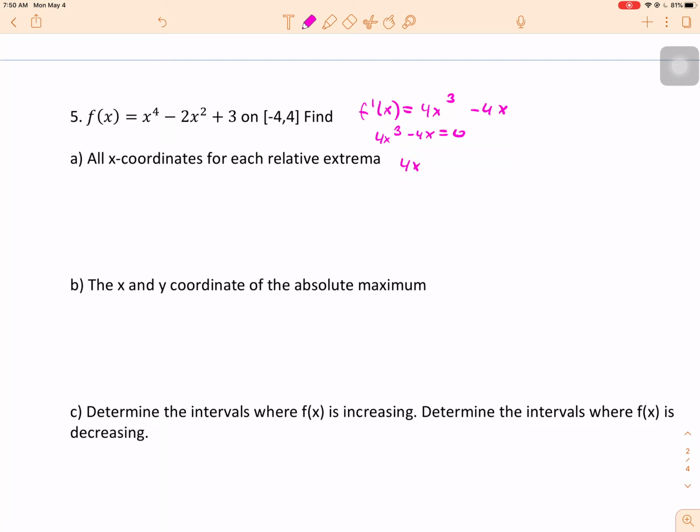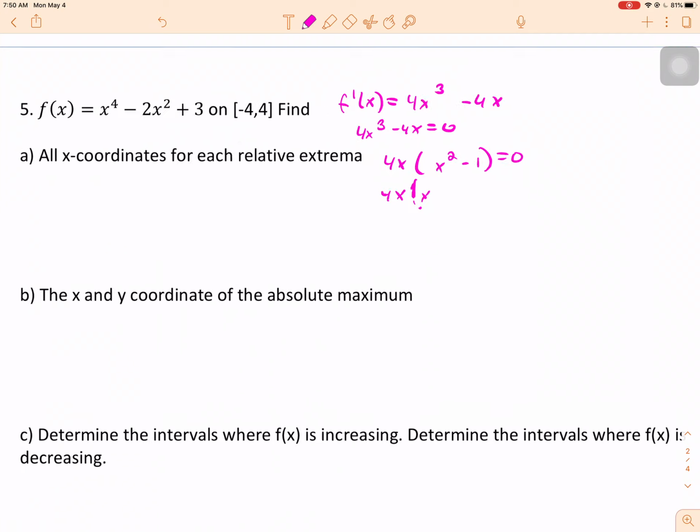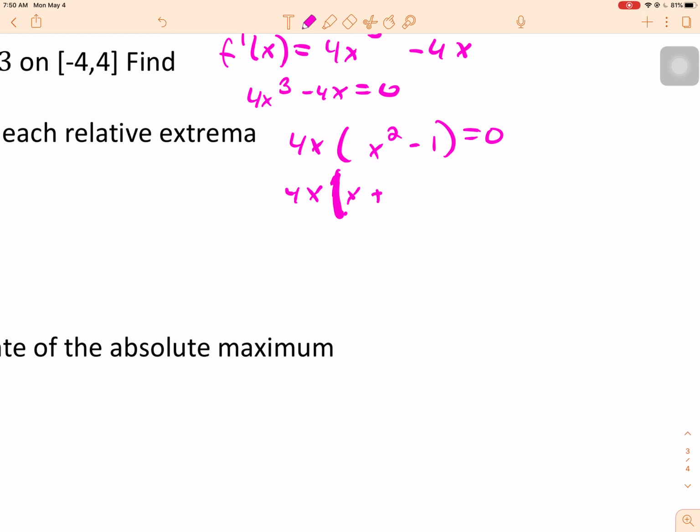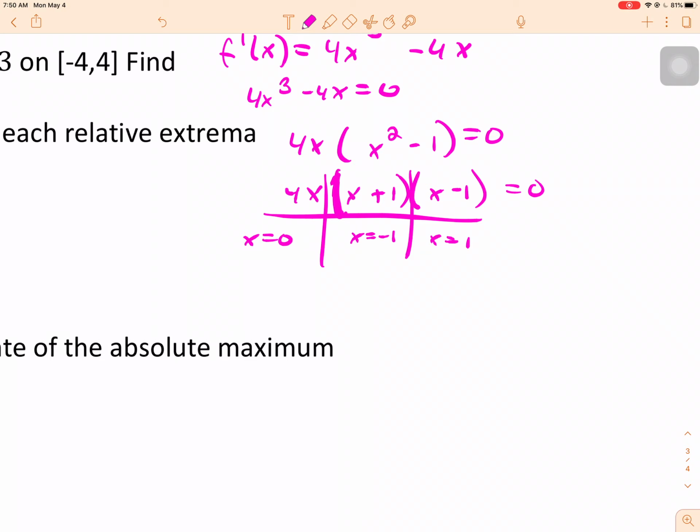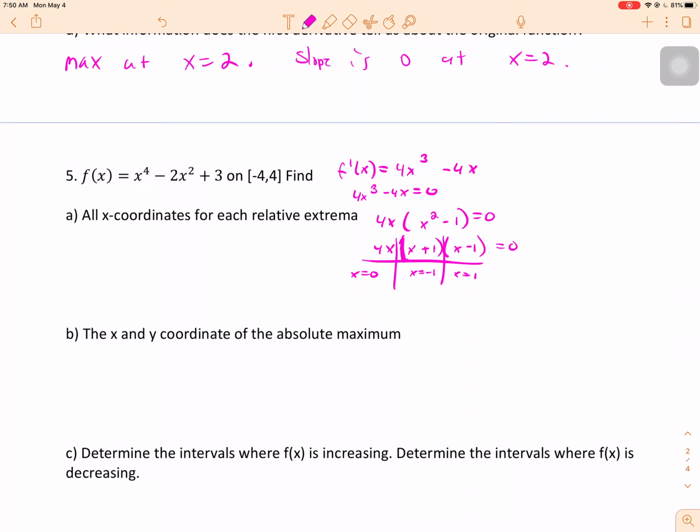So you get GCF 4x, x squared minus 1, which is 4x times x plus 1, x minus 1. So you get critical values at 0, -1, and 1. So now you're going to have to check a lot more regions, and especially since it's over -4 to 4, and all three of these are on that region.